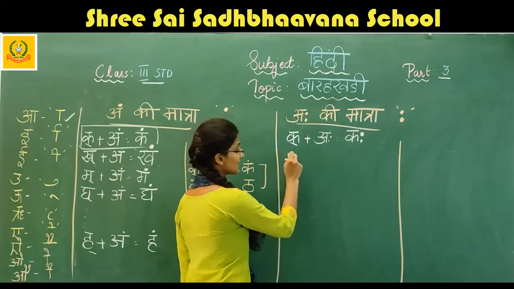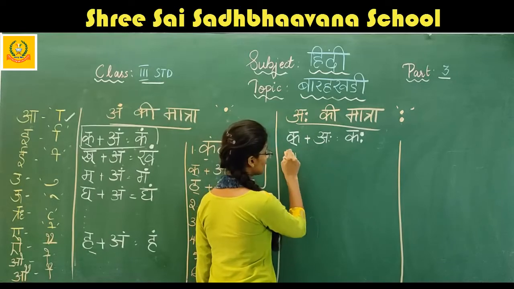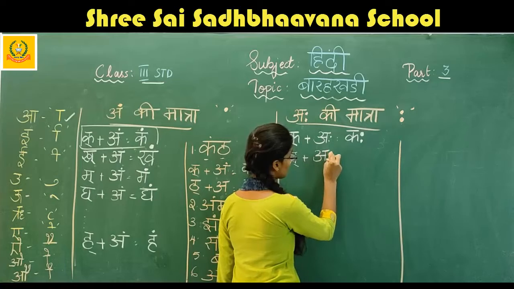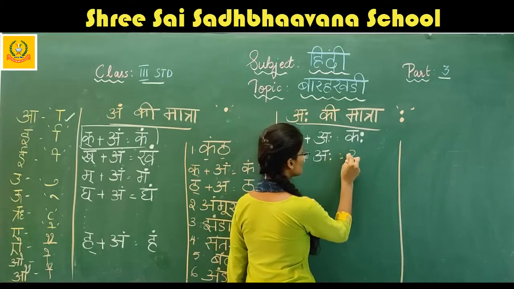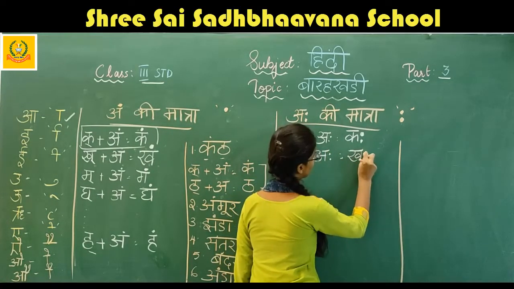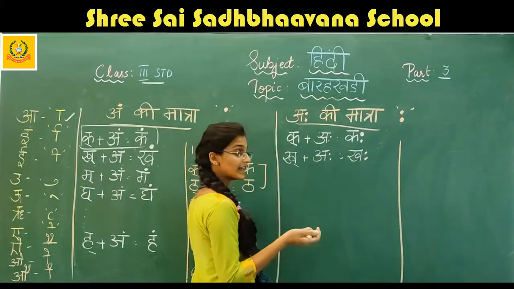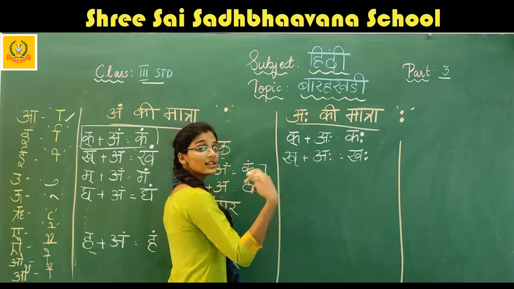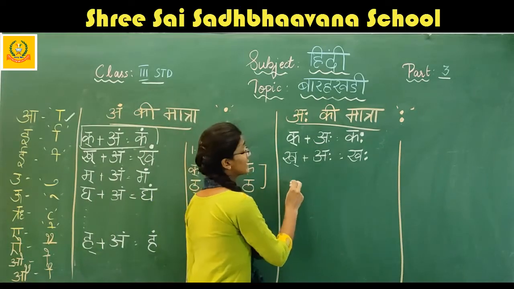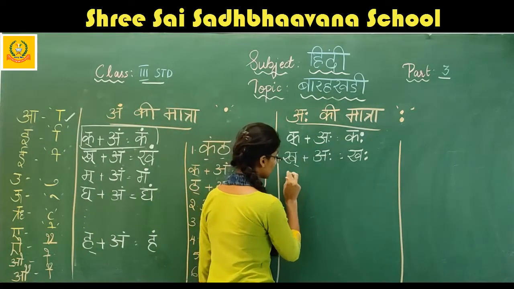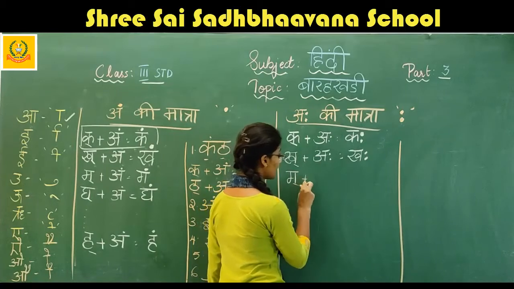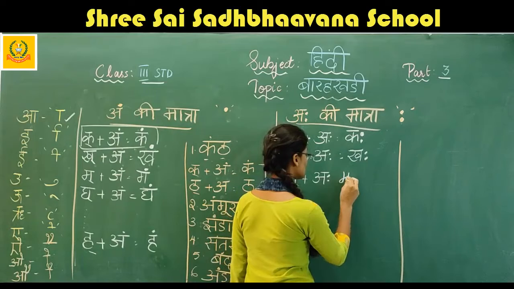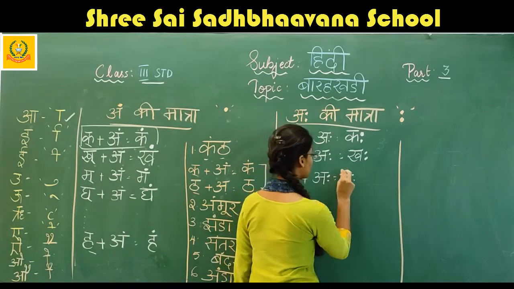Next letter, K plus aha gives you Kaha. Again, two dots on the side. See here we wrote on the top. Here we are writing side by. Next one, G. G plus aha gives you Gaha.